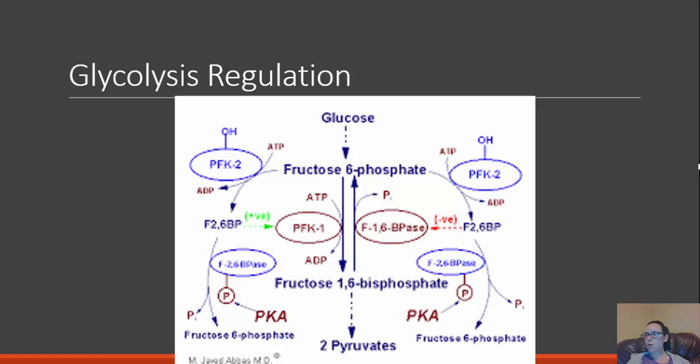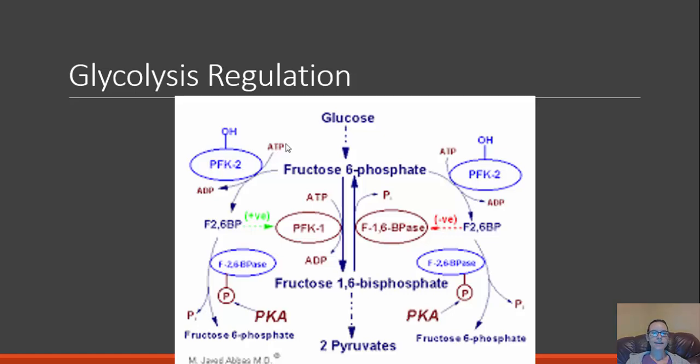Okay, so F2,6BP is catalyzed by the bifunctional enzyme that is PFK2 and F2,6BPase. In the non-phosphorylated form, the enzyme is known as PFK2, and it catalyzes the F2,6BP synthesis.